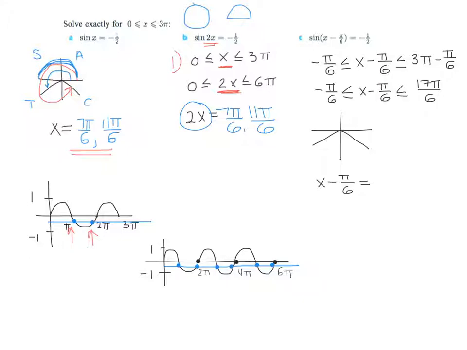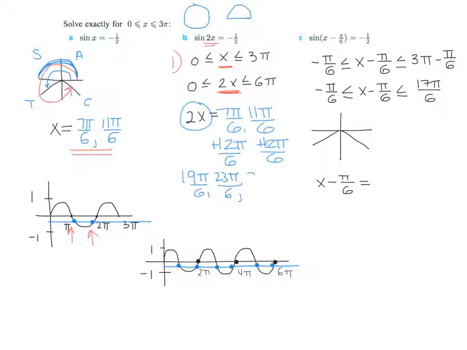If you go around the circle a second time, you need to add 2 pi on both of these, 2 pi being 12 pi over 6. So we get another answer of 19 pi over 6 and 23 pi over 6, and that's if you go around the circle twice, so we need to do it one more time.